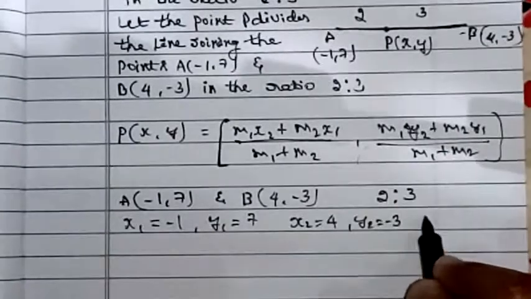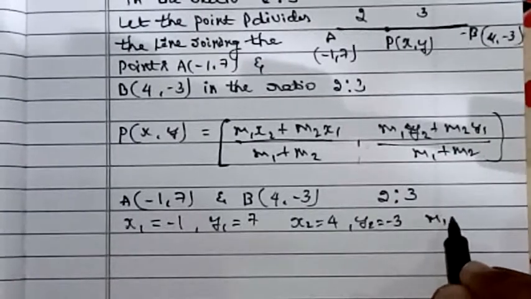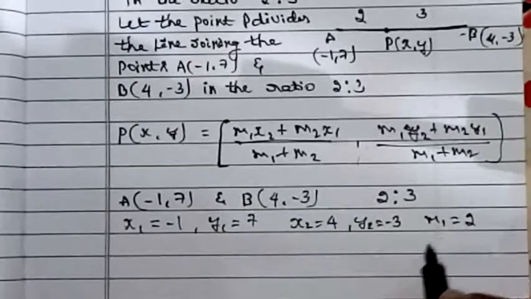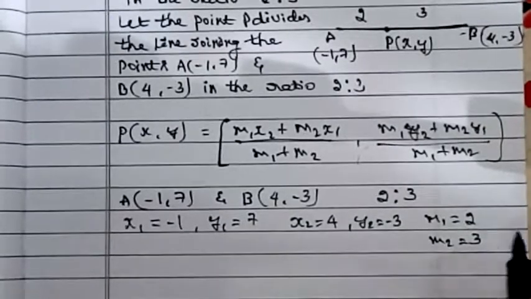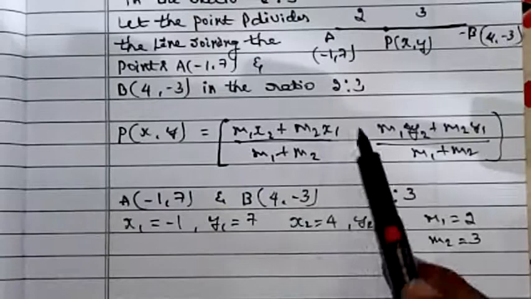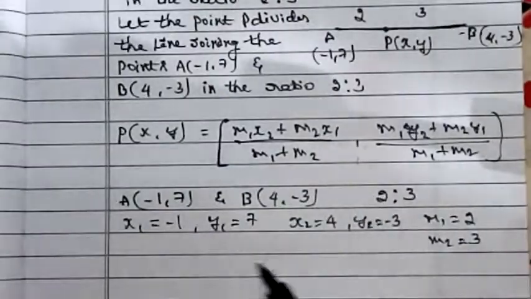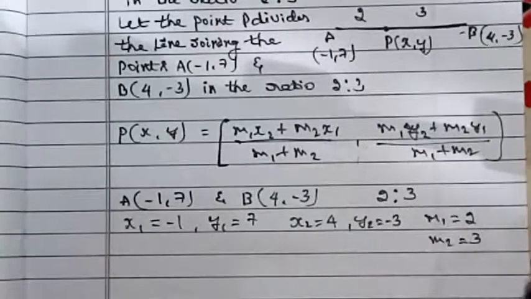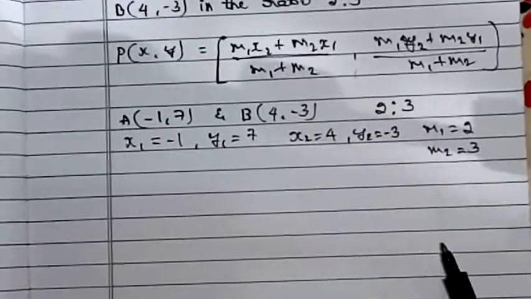Now you have all the values, just apply them in the section formula and simplify.